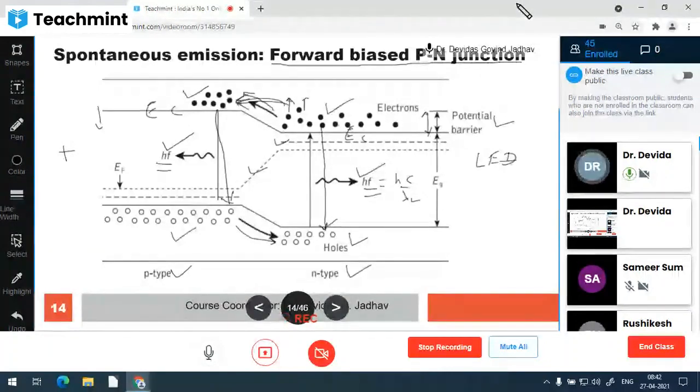It is monochromatic. But it is incoherent. So this is the forward biased PN junction.